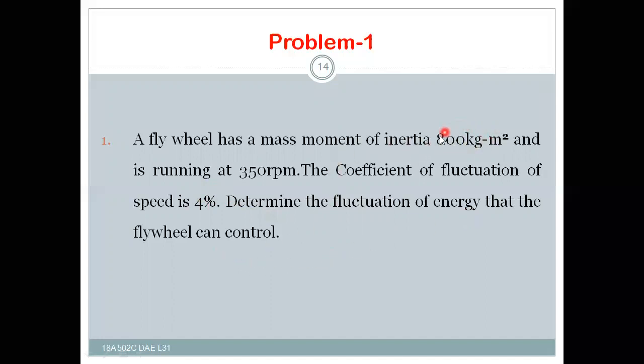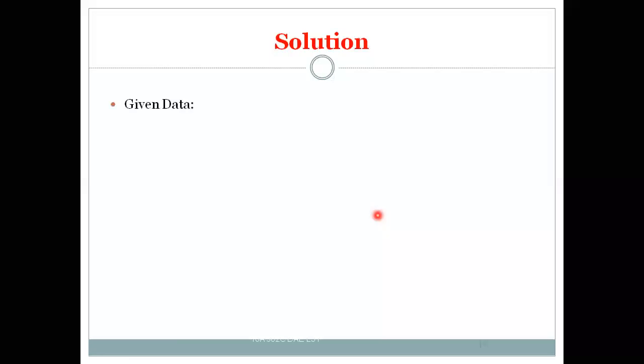So the moment of inertia I is given, the speed N is 350 revolutions per minute, and the coefficient of fluctuation of speed Ks is 0.04. The remaining quantity to calculate is the fluctuation of energy dE. Let us use the formula for the solution.